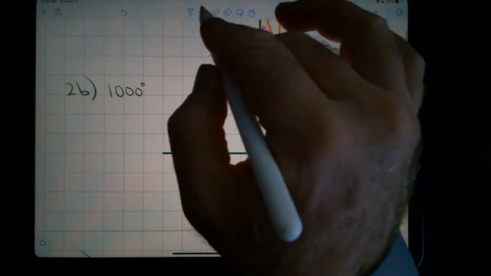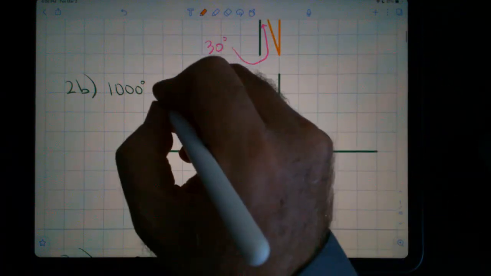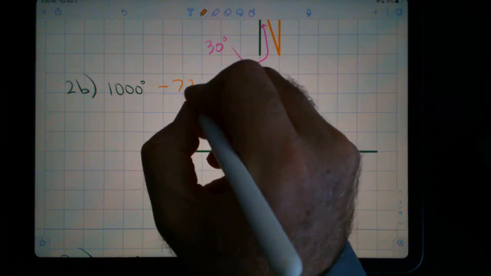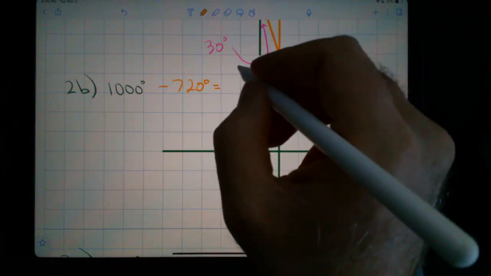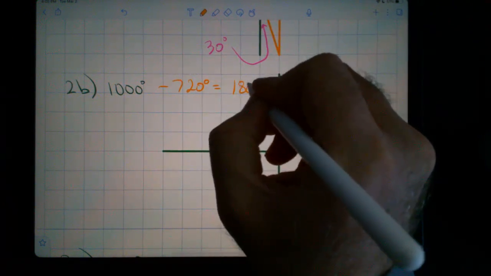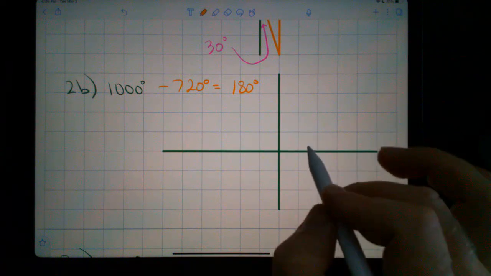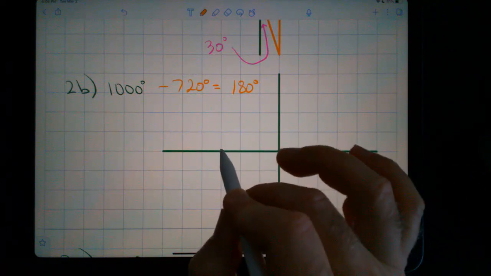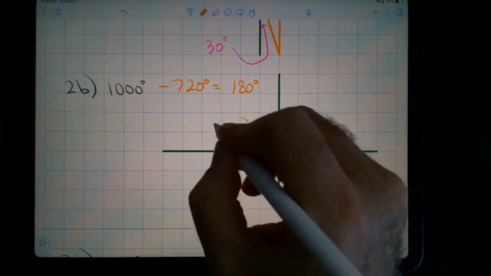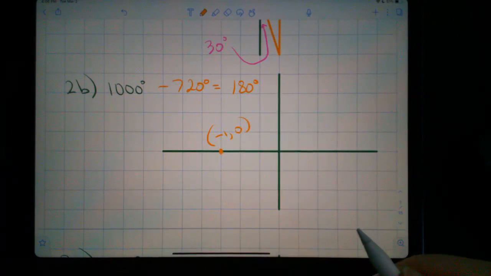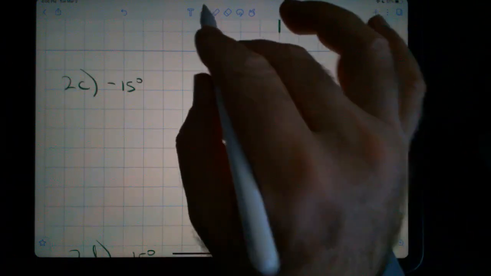Okay, 1,000 degrees, let's subtract multiples of 360. So let's subtract 720. So this would be 180. So that's going to be right there at -1, comma 0. -15 degrees.